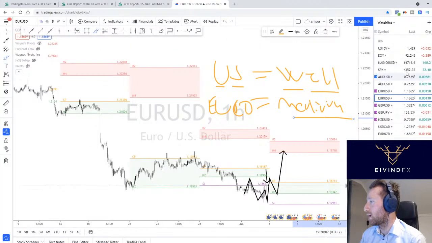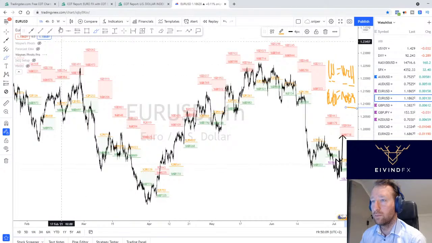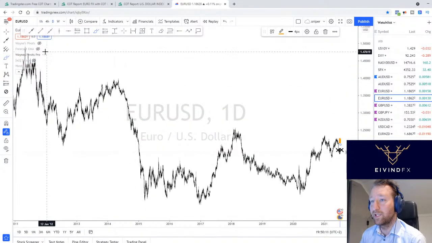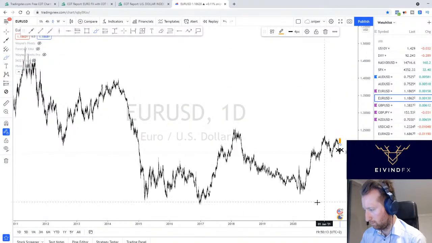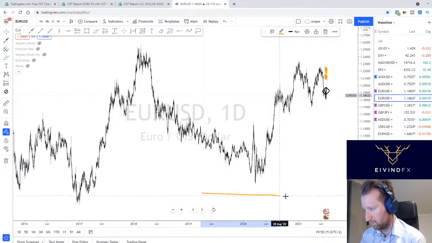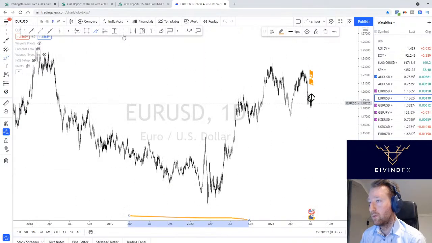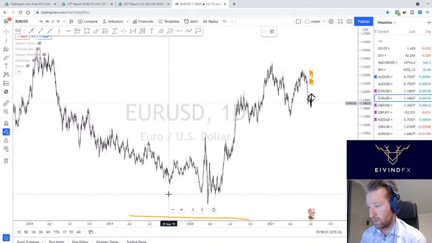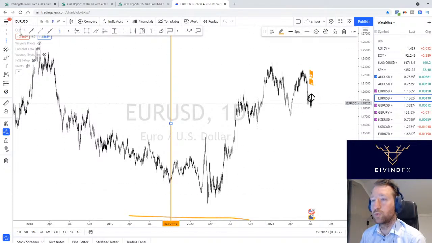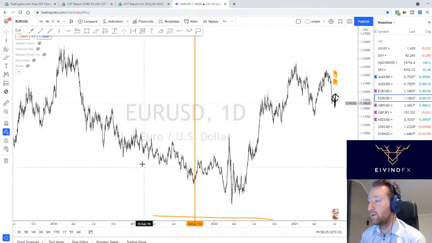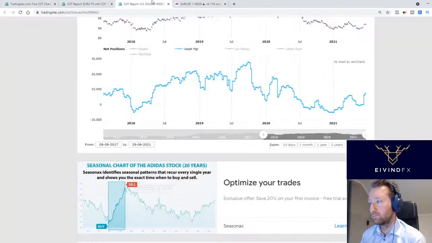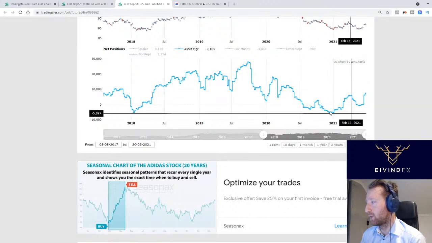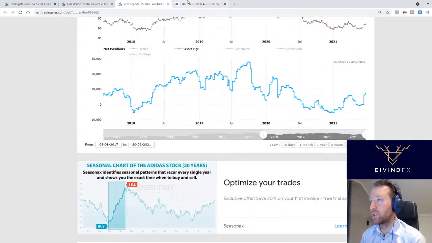If we go to the charts, this is 1st of October 2019. That was the high of dollar bullishness, and ever since it has fallen down to January 2021.